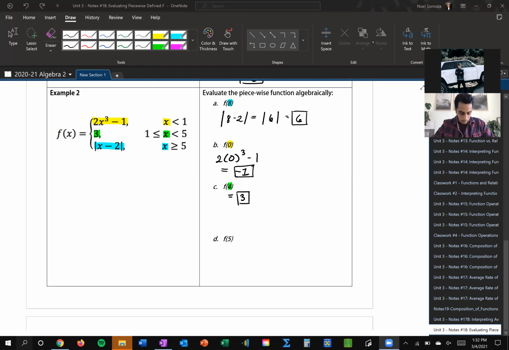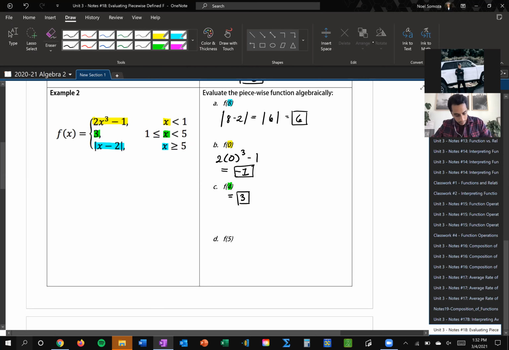Okay. All right. And then finally, last one here. Let me clear so we have a fresh start. F of 5, right? So that belongs to which domain? That belongs to the domain here, right? This one, because this one actually includes equal to 5. It would be false if you included it in the second domain, because in the second domain, 5 is not less than 5.